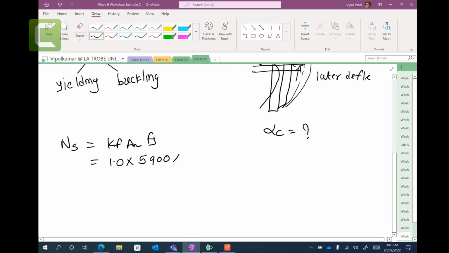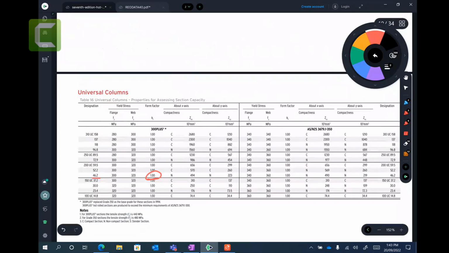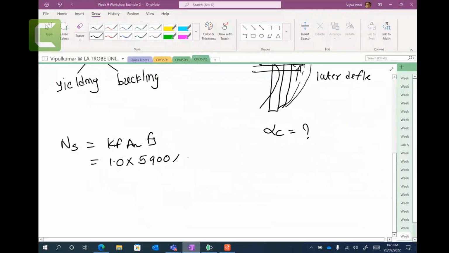The yield strength is 300, the smaller between these two. It gives me 1770 kilonewtons.